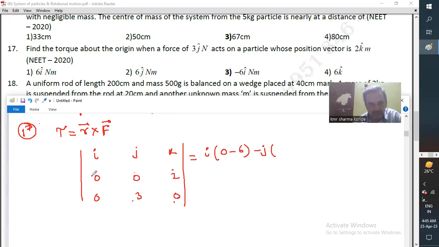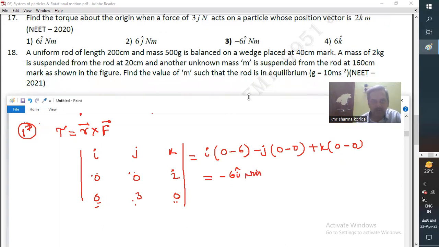So this is A, B, C, D, 0, 0, this does not exist. Plus K into. When you take K, this column and this row, so again A, B, C, D. So this is 0, this is 0, so 0 minus 0. So J and K do not exist. The answer is minus 6 I cap Newton meter. So the third option is correct.